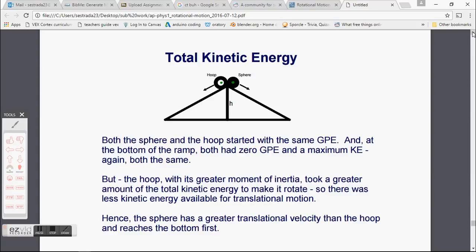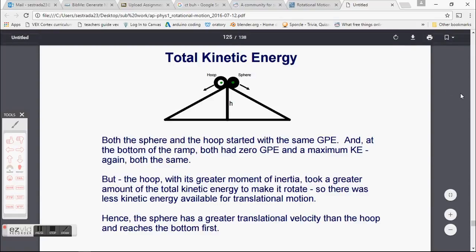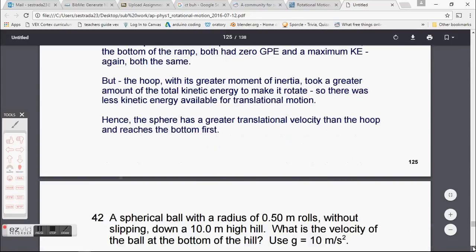So it's going to take a lot of that potential energy, leaving less kinetic energy available for translational motion, for linear motion. So the sphere has a greater translational velocity.